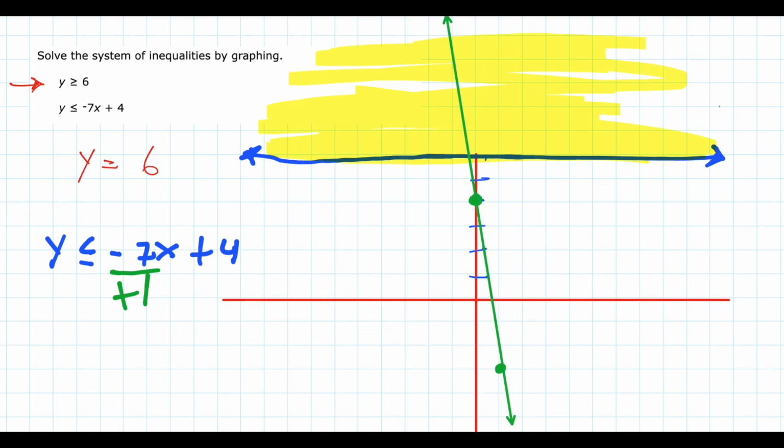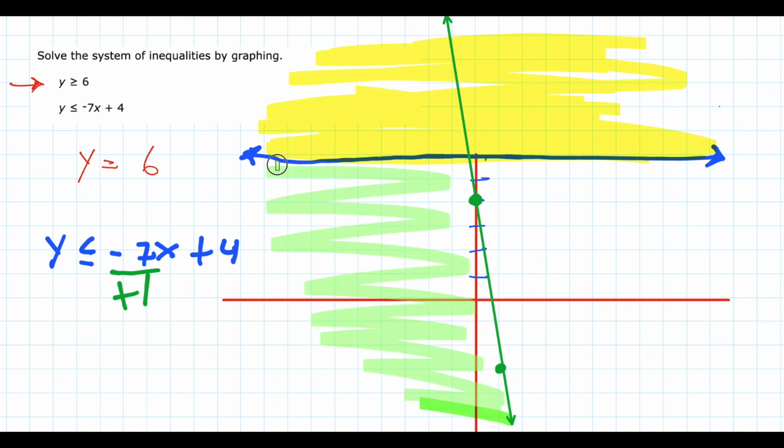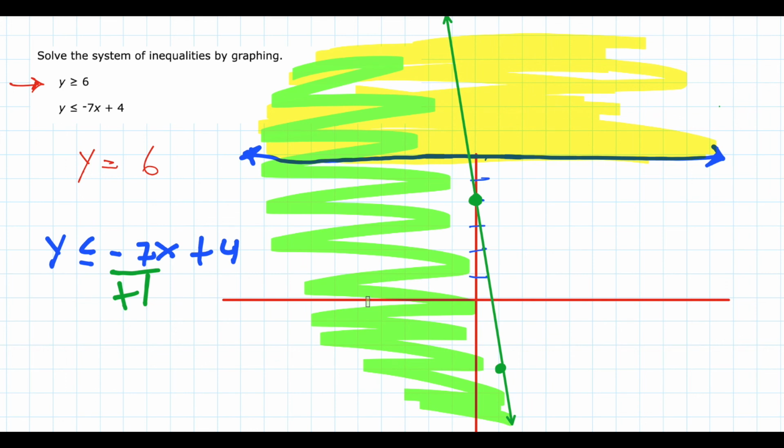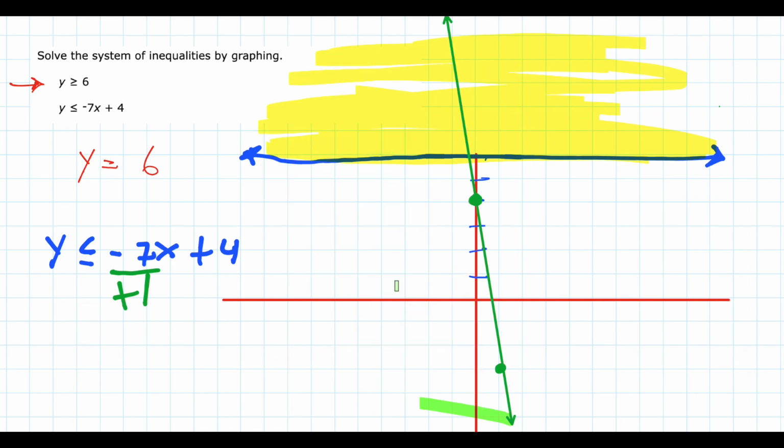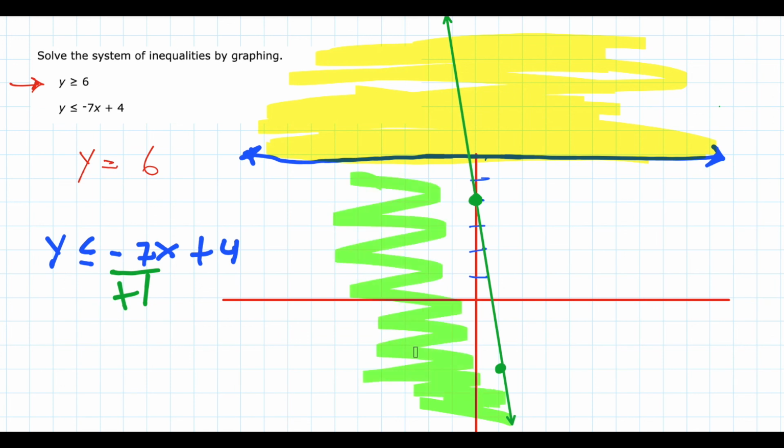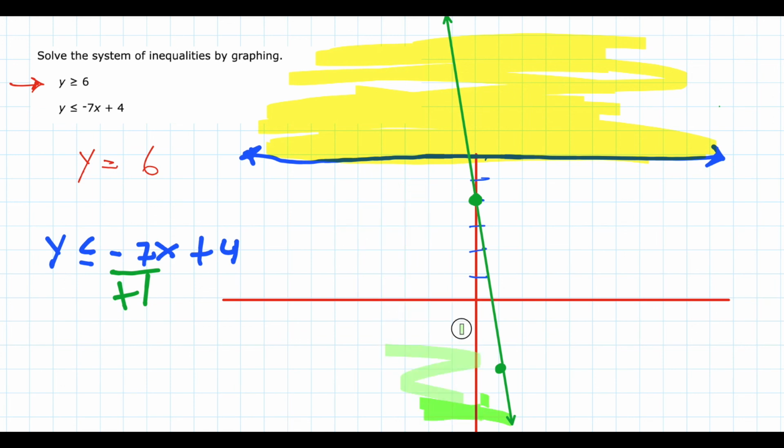And how do I shade the second one? Down, so towards the negatives. Yes, so down, like that. When I'm actually doing these types of problems, I wouldn't even shade this part. To me, it just confuses things. I want the overlap. Ignore, ignore, ignore.